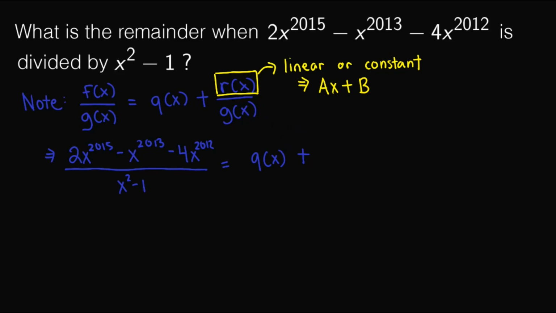Let's write that down: ax plus b over our divisor, x squared minus 1.